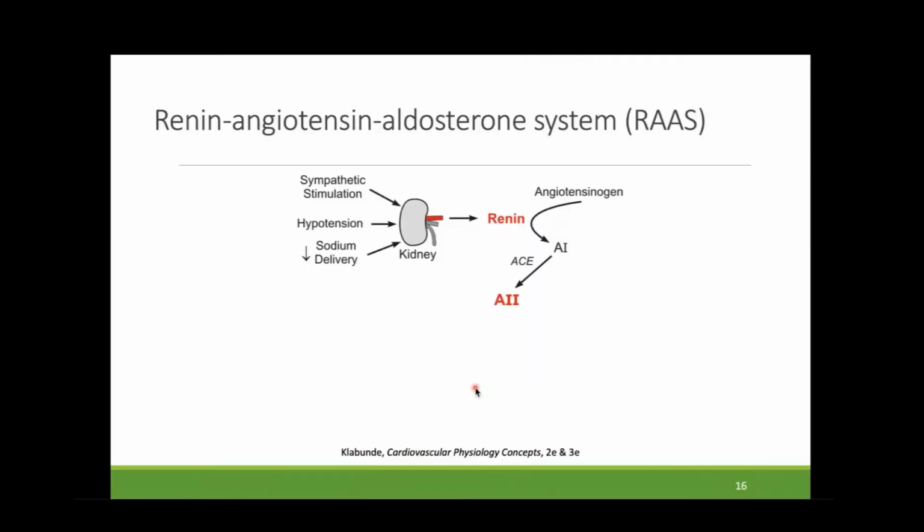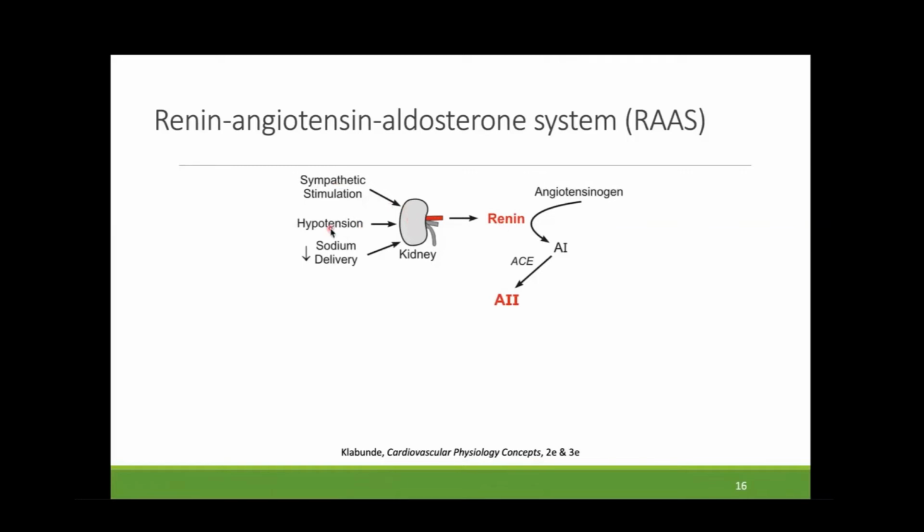Now we're going to begin just by looking at what triggers the formation of angiotensin II. So in this little model here, I am showing the kidney and sympathetic activation of the kidneys operating through beta-1 adrenergic receptors in the kidney will lead to the formation and release of renin by the kidneys.